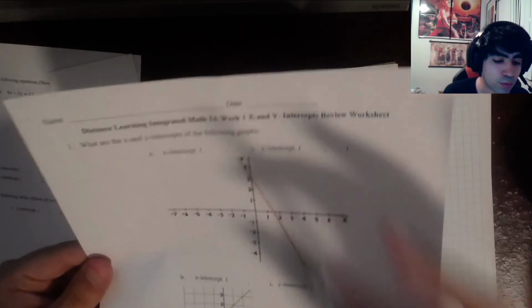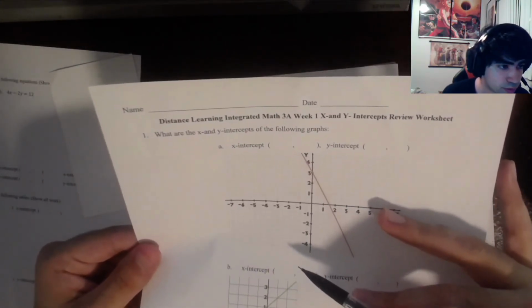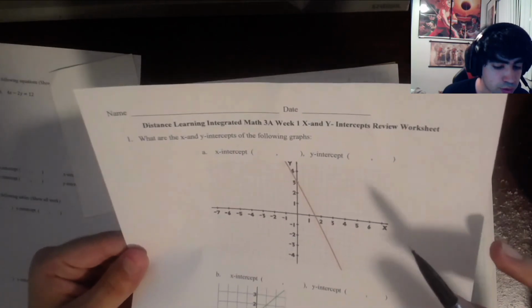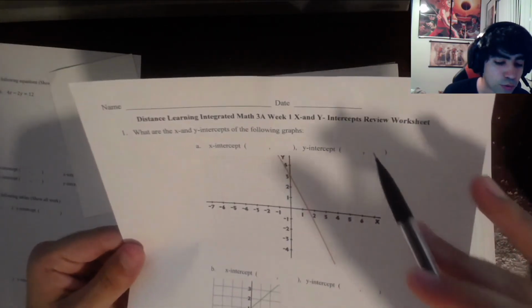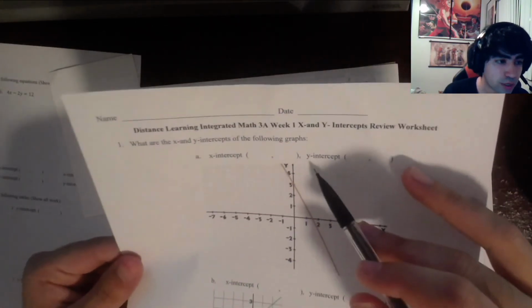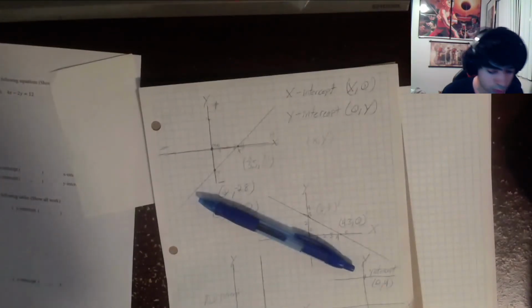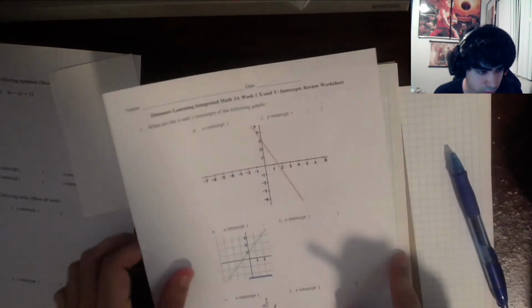And the y-intercept is on the y-axis. What is the x value at the y-axis? It's always 0. So your y-intercept is always 0, comma, whatever your y value is, wherever it intersects. So I hope that part is clear. Let me move on to the next one.